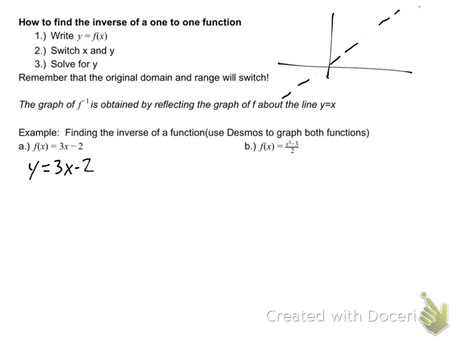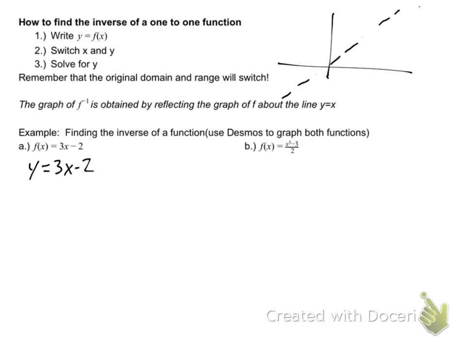And what do we know about the domain and range of all lines? All real numbers, except for a few exceptions, right, of the horizontal and vertical. But this is all real numbers. So if I switch it to its inverse, the domain and range are still both all real numbers. Not that big of a deal.